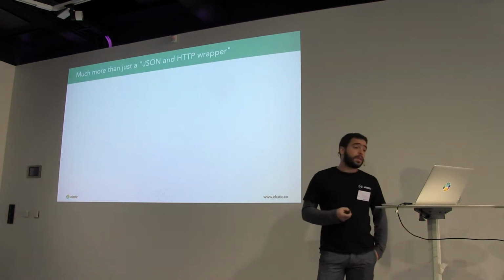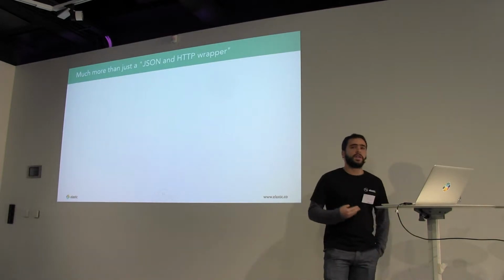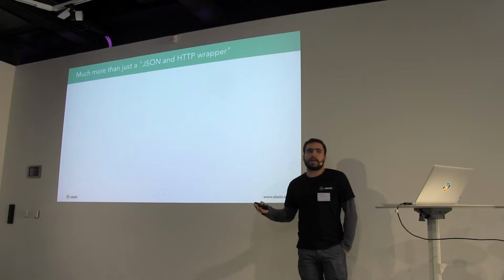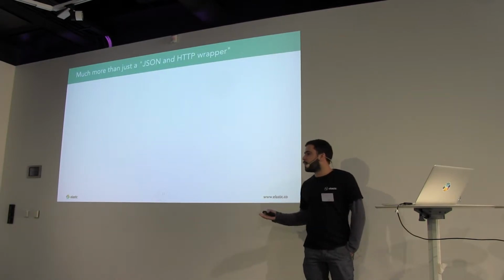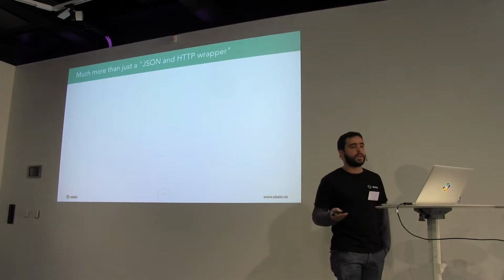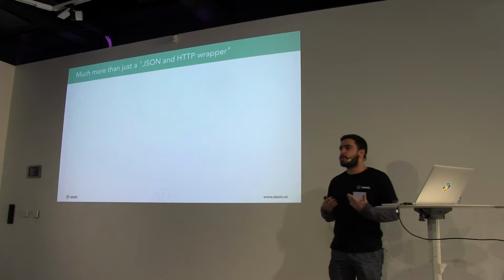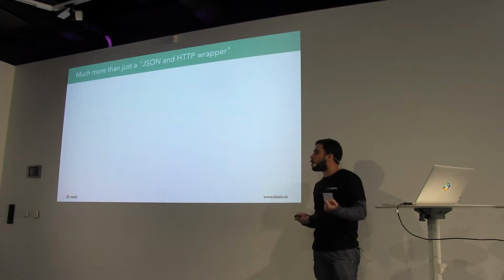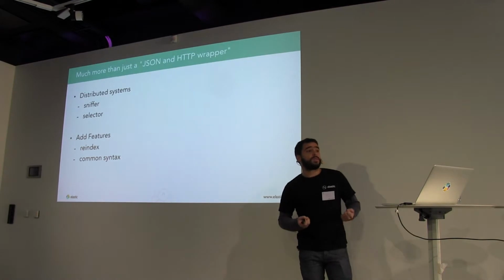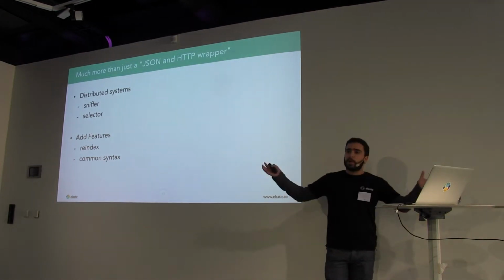Another interesting thing is, okay, you have Elasticsearch, everything is JSON and HTTP. So why do we have a client? Why not just get a JSON library, Lua socket, and do an HTTP request with some JSON? The point is that the client can offer you more than just a wrapper, okay? Elasticsearch is about distributed systems. When you're talking about distributed systems, you have many nodes.